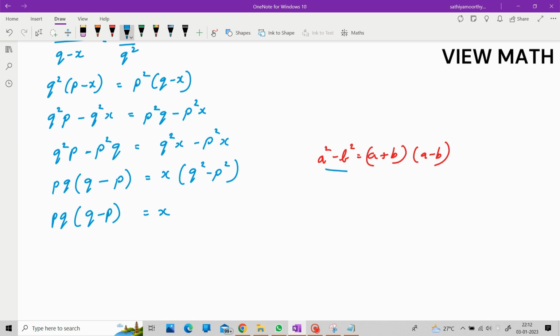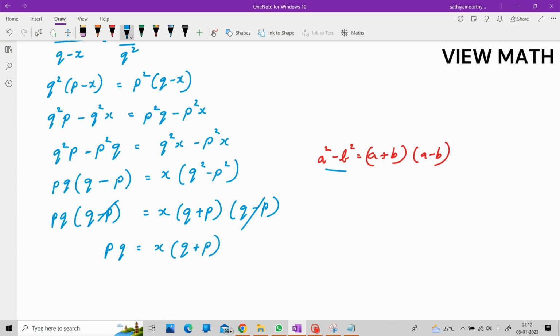I'm going to use this formula. So I'm getting q plus p into q minus p. So I can see q minus p is common on both the sides. I'm going to cancel this term. So I'm having pq is equal to x into q plus p.